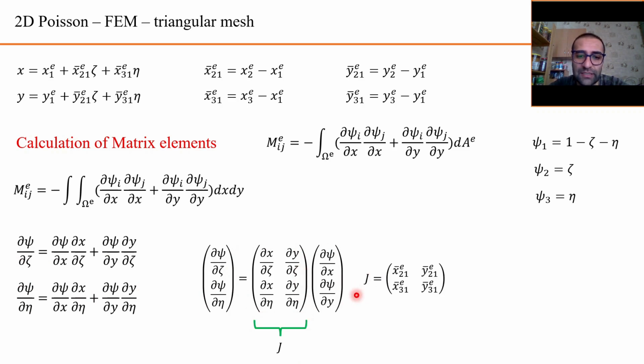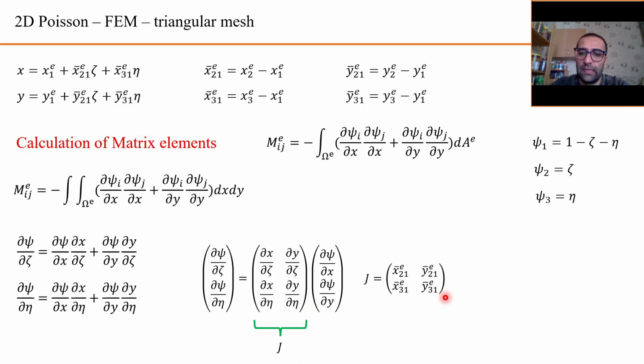You can calculate this Jacobian from the equation that we derived, because we need the derivative of x with respect to zeta. X with respect to zeta is x21 bar, y with respect to zeta is y21 bar, x with respect to eta is x31 bar, and y with respect to eta is y31 bar.